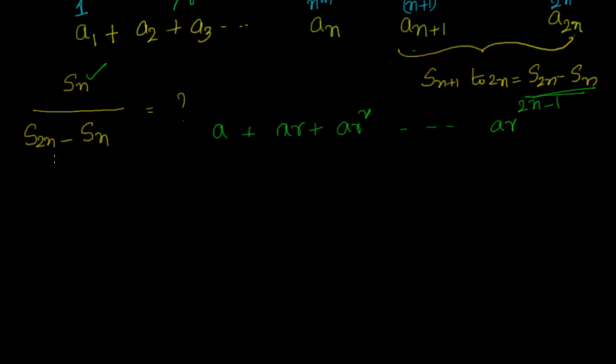Now the other way to look at this problem is, we will write S of n same as it is, a into r to the power of n minus 1 by r minus 1, no problem with that.